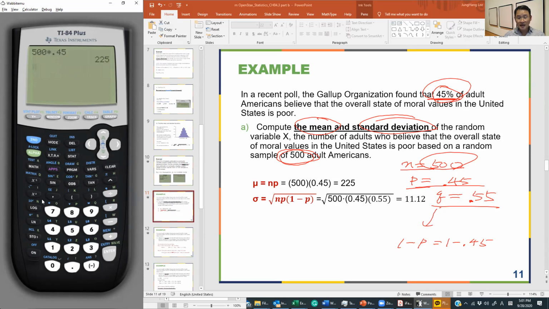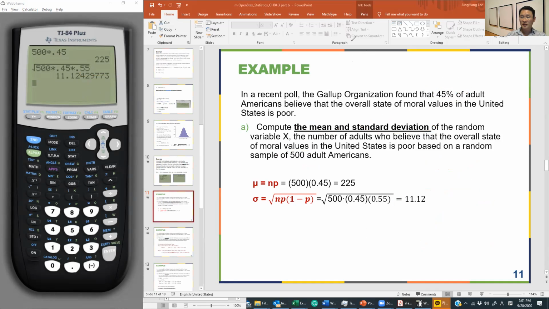So second half, square root 500 times 0.45 times 0.55 and enter right there, right? So I guess this one you keep 2 decimal points, so that's smaller than 5, so you just drop it, and that's the answer right there, right? All right, so figuring out the mean wasn't that bad.